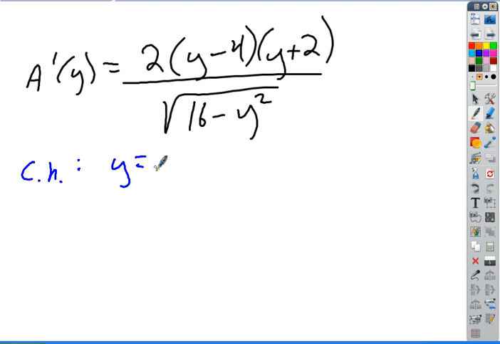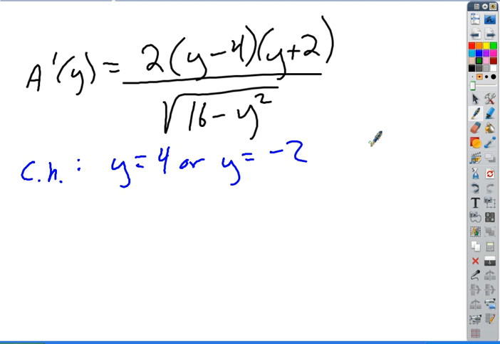And then the bottom would be undefined only at the endpoints, at plus and minus 4, in our domain. So here's where a prime of y equals 0 at those places.